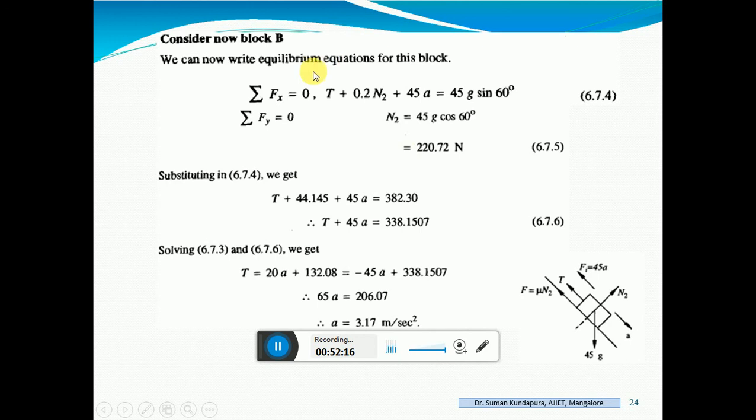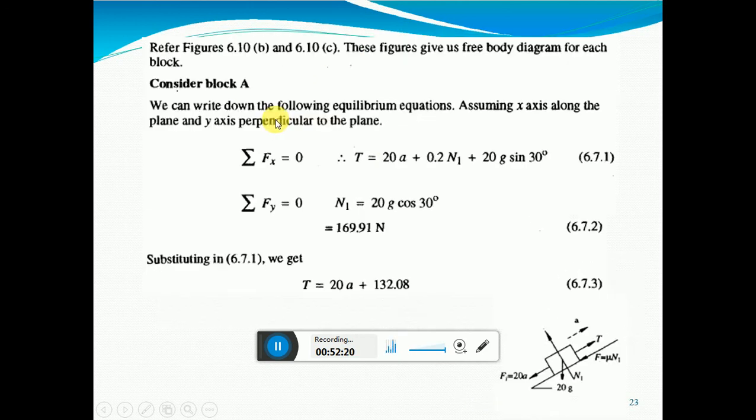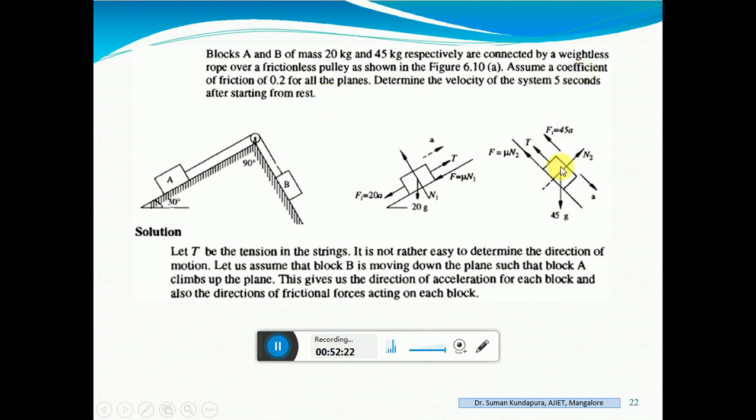Go for block B, find out summation x is equal to summation y is equal to 0. Summation y is equal to 0 is easy because only one force is acting. N2 is acting upwards, weight is acting downwards, making an angle of theta here. So first you need to find out what angle is made with respect to the x-axis. See, if this is 30, this is 90. If I pull this line till here, the angle made is 60 degrees, correct?